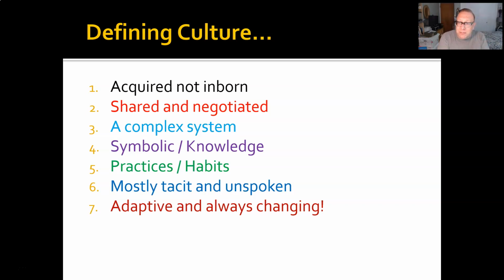Culture is shared because we all generally know what it is. If it's a cultural norm that just one person has and nobody else shares, it's not really culture. It's just somebody's quirky way of behaving. But it's also negotiated. So even if we all share it, we can have different takes on what it means. The flag is a great example of this.